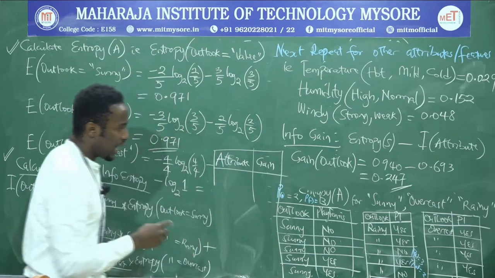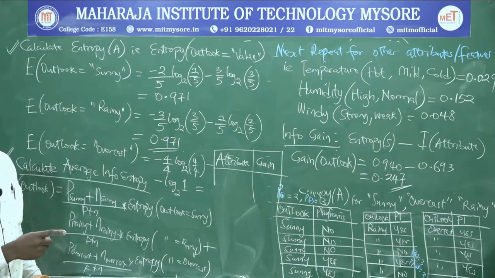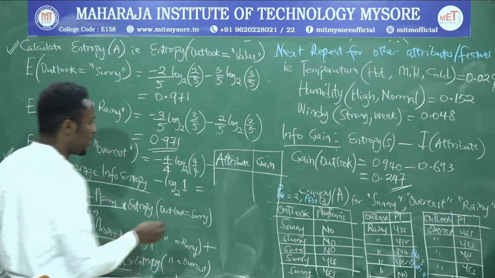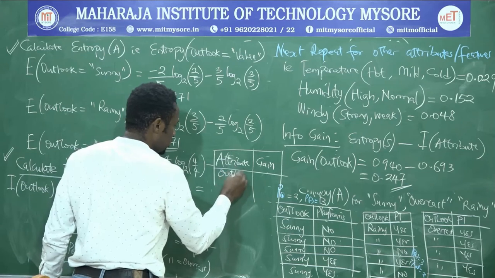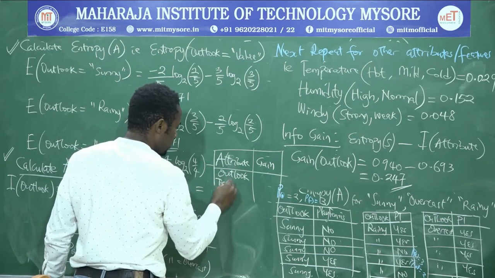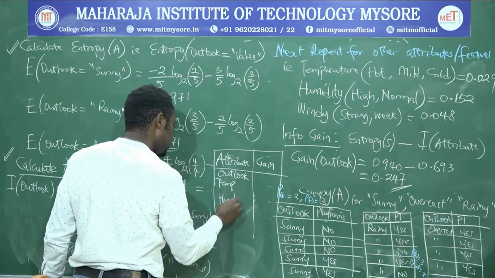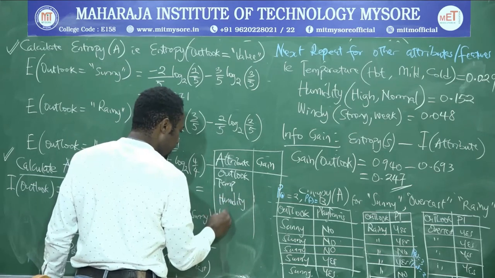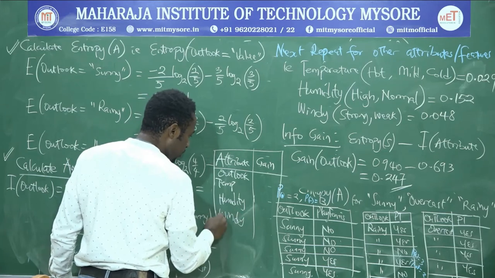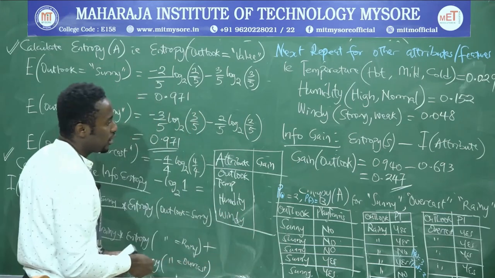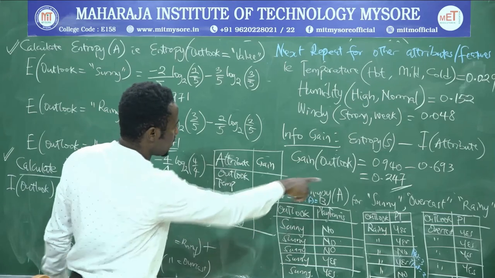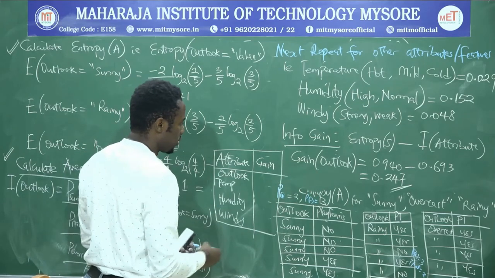The attributes were outlook, temperature, humidity, and windy. Let's put them into their respective values. Outlook was 0.247.